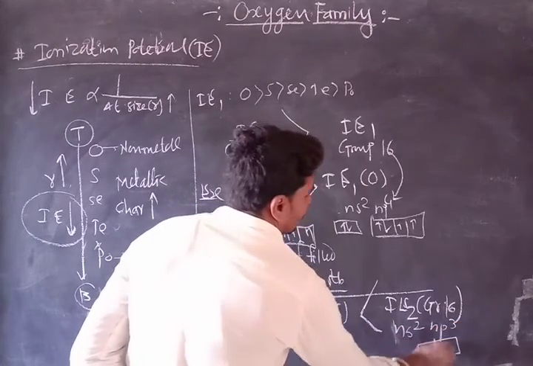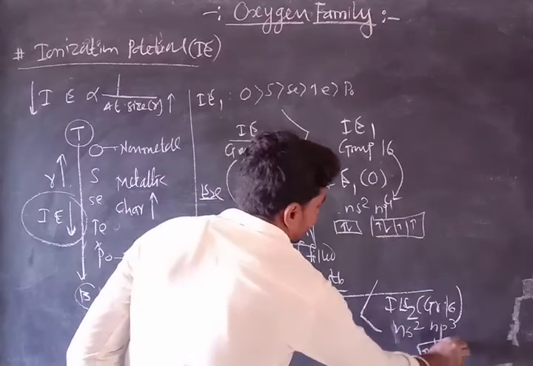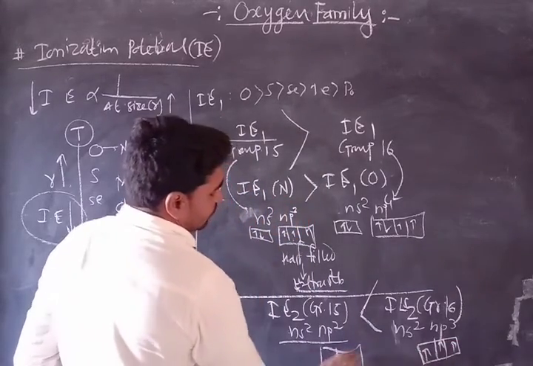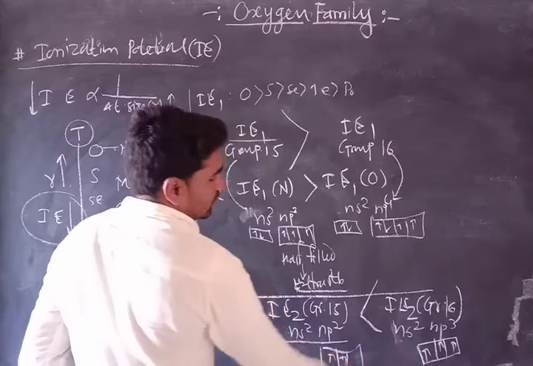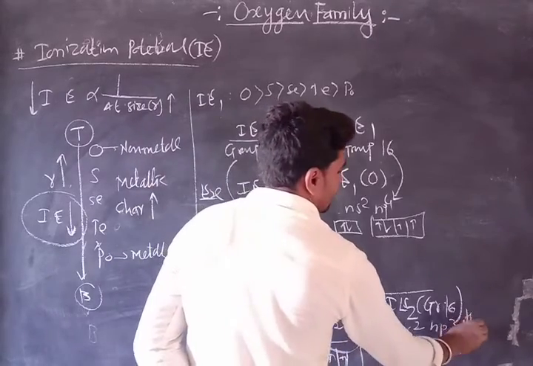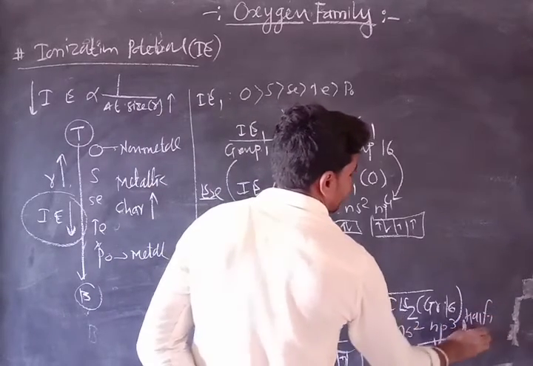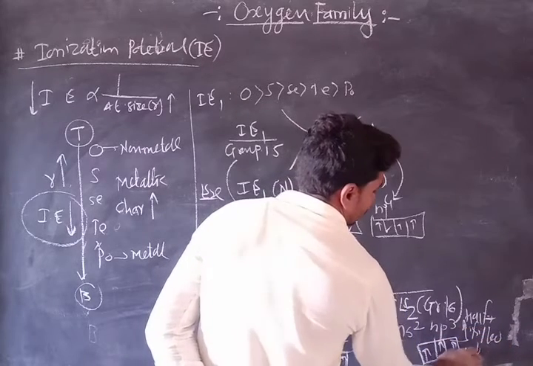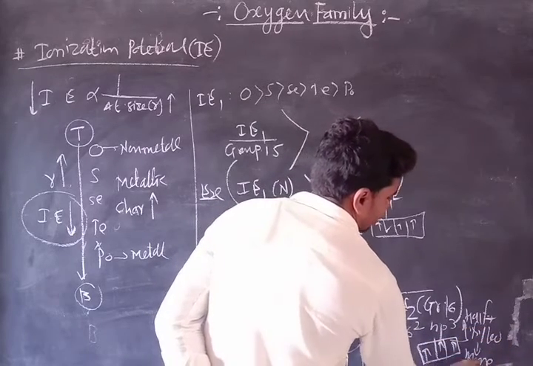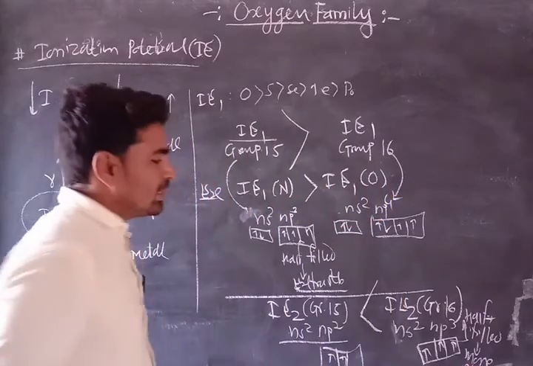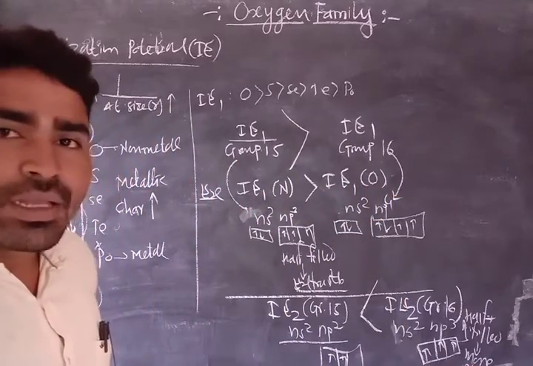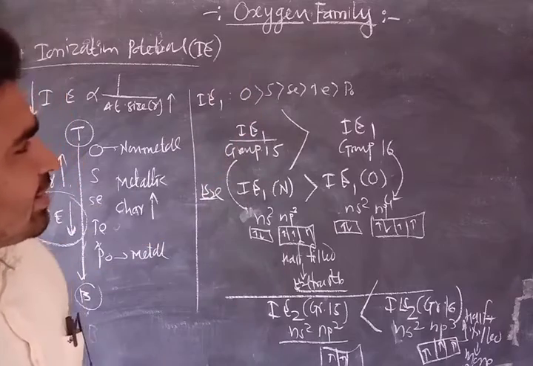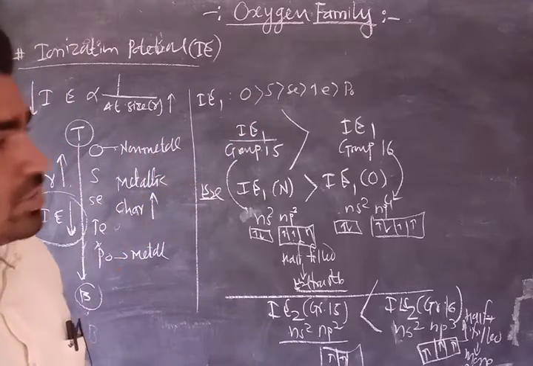Now here the p orbital becomes half filled, and that's why it is more stable. So in this way we can compare their ionization energies.